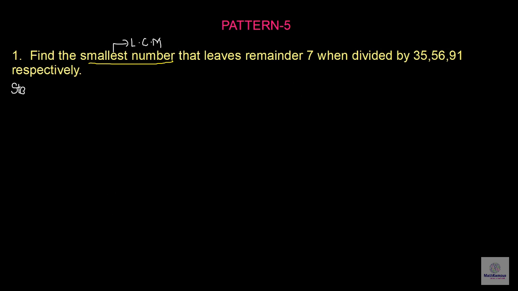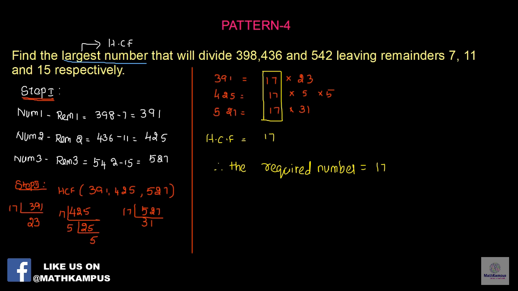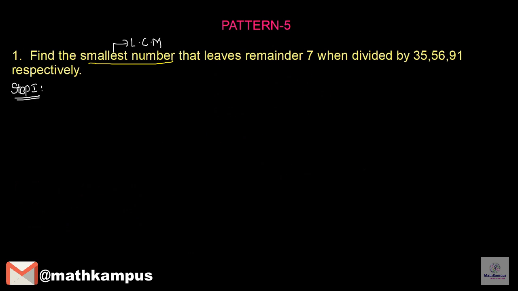Step 1la I will directly find the LCM, whereas in the previous pattern I was first doing the subtraction. அதுக்கப்புறம் subtract பண்ண ஆன்சர்ஸ்க்கு தான் நான் HCF கண்டுபிடிச்சேன். பட் இங்க டைரக்டா கொடுத்திருக்கிற நம்பருக்கு நான் LCM கண்டுபிடிப்பேன். So we need to find LCM of 35, 56 and 91.